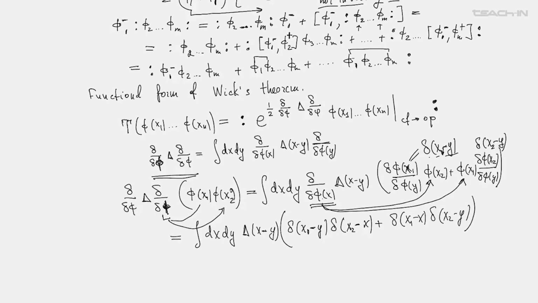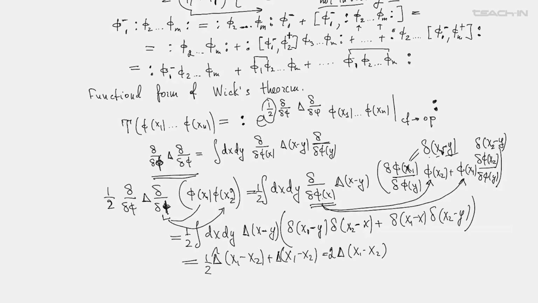Then you integrate with respect to x and y. You get propagator x1 minus x2 plus propagator, the same x1 minus x2. So it doubles. But on the other hand, there is this coefficient 1/2 standing in front, and it stands exactly for the purpose of cancelling this 2.